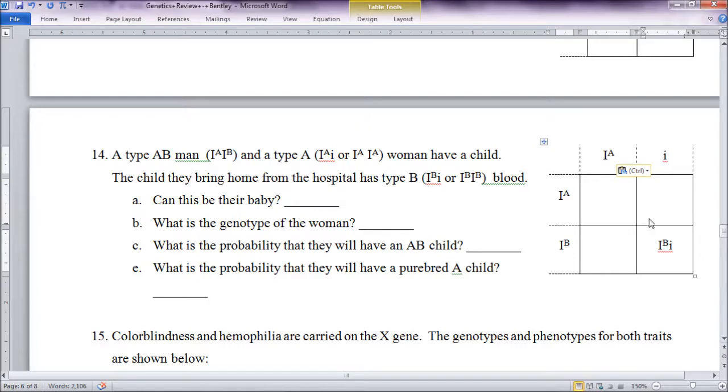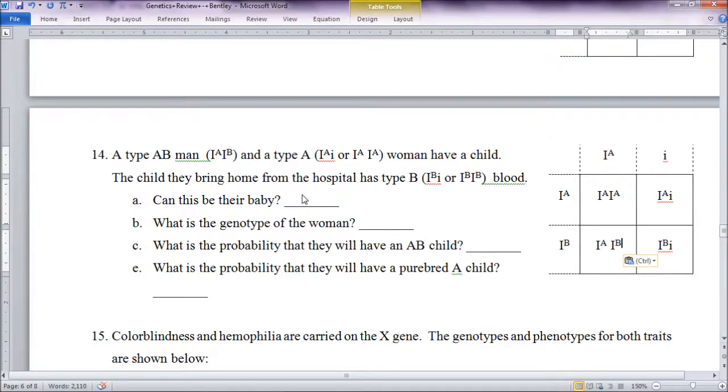Okay, so we combine those. And there we go. We have our Punnett square.